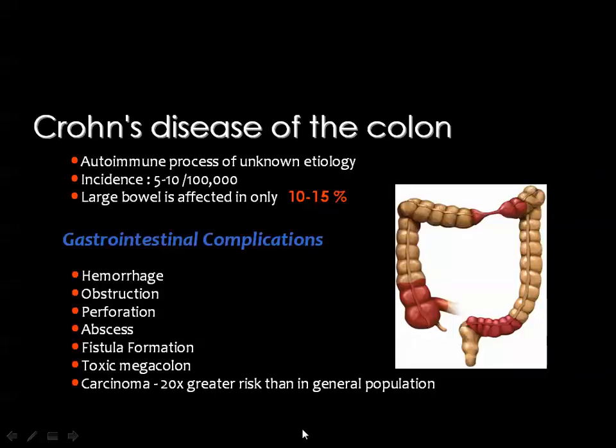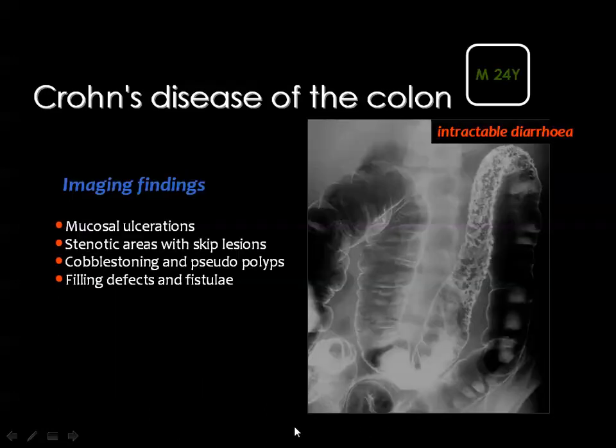Then we come to Crohn's disease, which is more common in the small bowel, but it can affect the colon. About 10 to 15% of cases with Crohn's disease may affect the colon. These are the complications of Crohn's disease anywhere: hemorrhage, obstruction, perforation, abscess formation, fistula tract, toxic megacolon, and a marked increase in the risk of carcinoma compared to the general population.